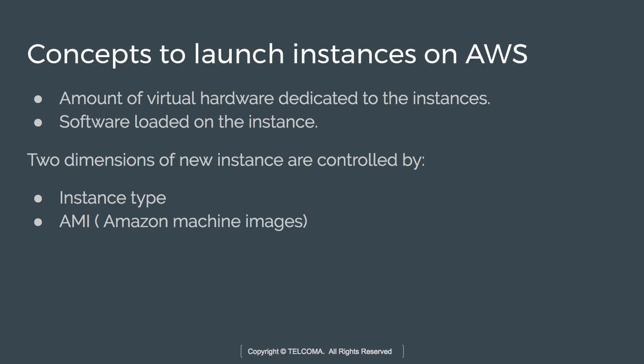AMI defines every aspect of the software state at instance launch. That means it defines the operating system and its configuration, the initial state of any patches, and application or system software.